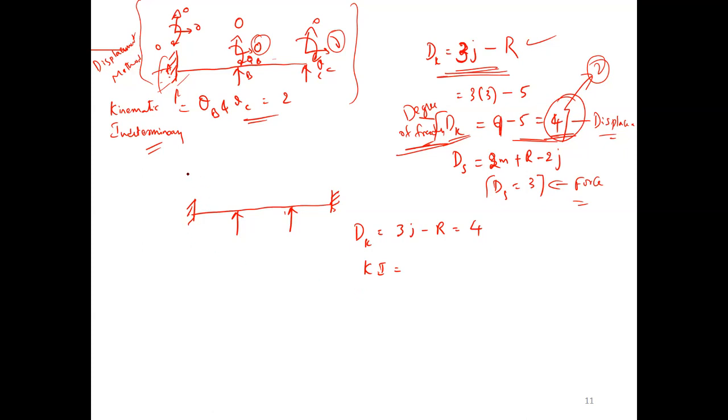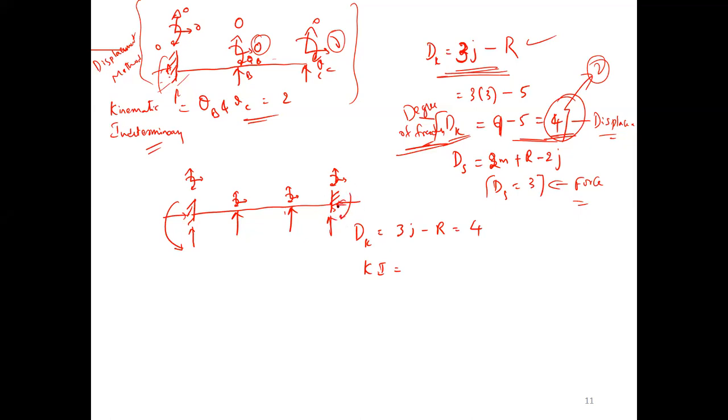To find KI, what should we do? At each joint you have to mark the possible displacement. At each joint, 3 displacements are possible. At each joint or at each support, 3 possible displacements. But because of this fixity, what is the reaction? 3 reactions.